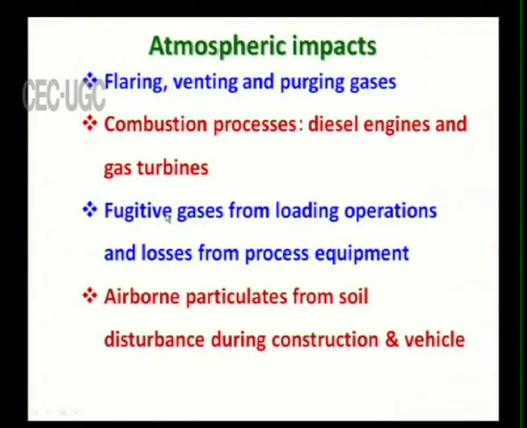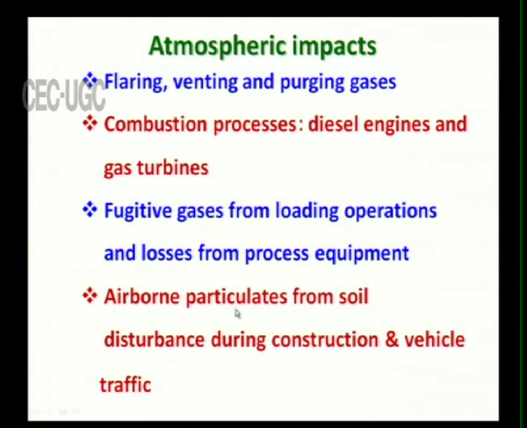In all the combustion processes a lot of gases are emitted, and there are fugitive gases from loading operations and losses from the process equipment, because when we are loading and unloading the material, then also a lot of gases are produced, and the airborne particulates from soil disturbance during construction and vehicle traffic.